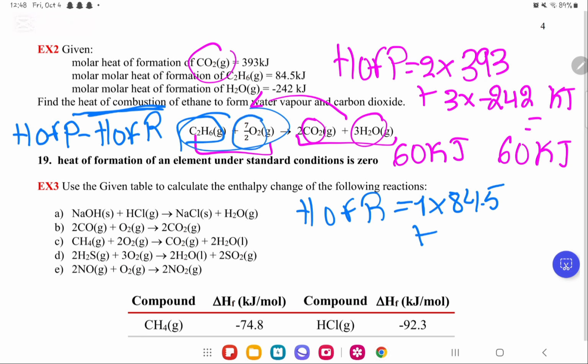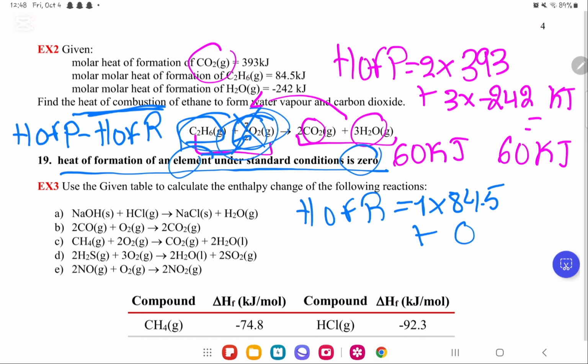7/2 O2. Here is the thing. The heat of an element we never considered, so 7/2 O2 is not considered. As it says, the heat of formation of an element under standard condition, an element which is O2, is 0, so plus 0. Again, they gave us an element, so we're gonna put 0 for the heat.